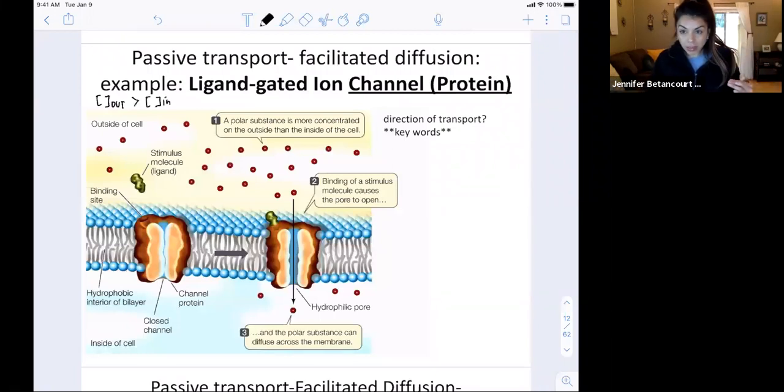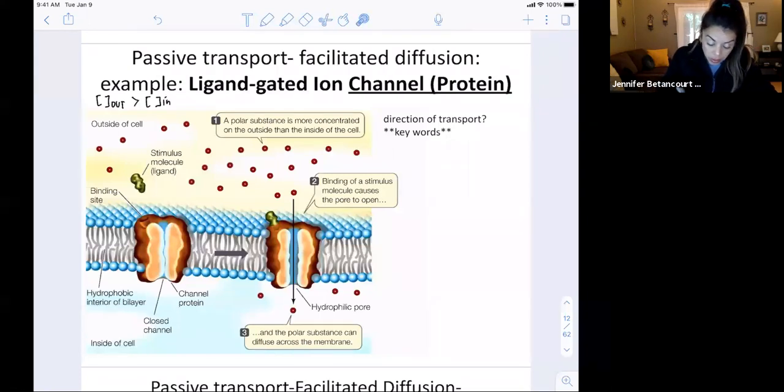Now, this is just an example of when the outside concentration is greater. Molecules can definitely leave the cell under the same idea, except the concentration gradient favors the inside of the cell. Okay, so this is an example of concentration gradient favoring the outside of the cell. So the cell is hoping to reach equilibrium, so it needs to bring some of those molecules in.